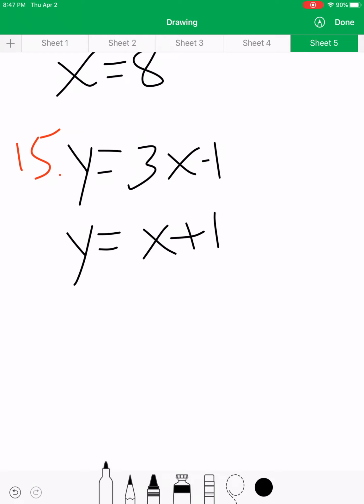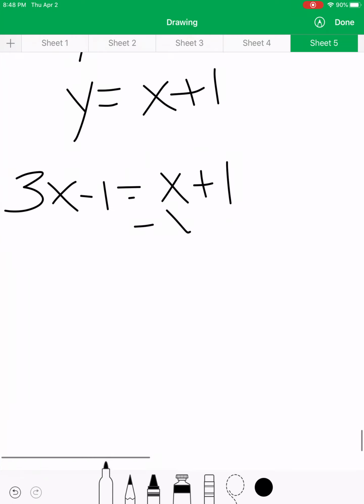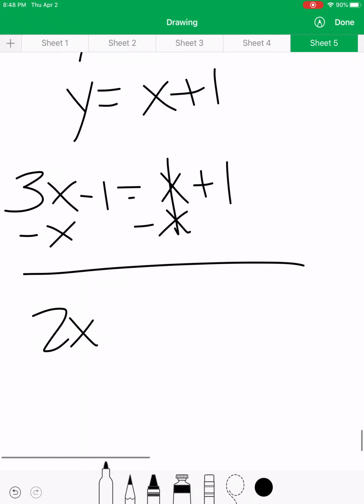I know what y is, so just take the solution for y and plug it in to the variable of y in either one of your equations. I'm going to rewrite mine as 3x minus 1 equals x plus 1. All right, I like my variable to remain positive, so minus x, minus x. Those go away. 2x minus 1 equals 1.